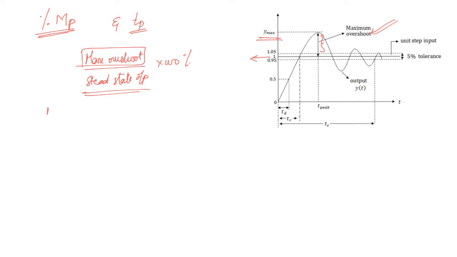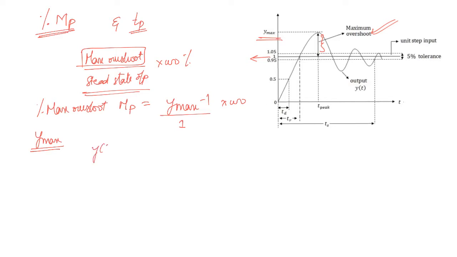So we can write percentage maximum overshoot, percentage MP, is equal to Y max minus 1 divided by the steady state output, which is 1, into 100. Okay, so we will see how to find out Y max. We've already derived the unit step response of a second order system.